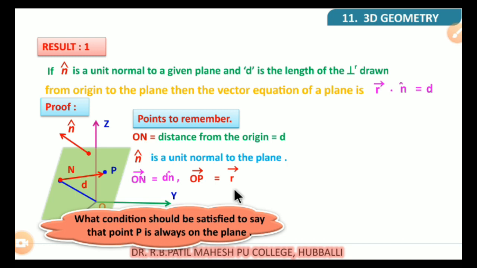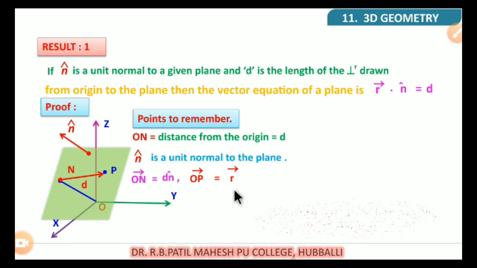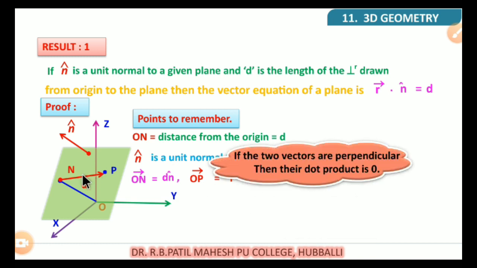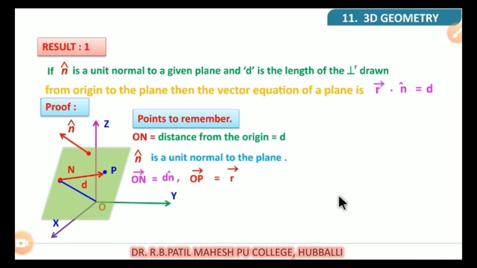What condition should be satisfied to say that point P is always on the plane? Obviously, the two vectors must be perpendicular. If two vectors are perpendicular, then their dot product is 0 by the property of dot product.